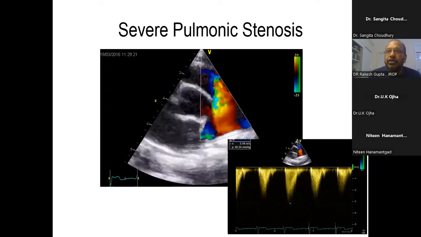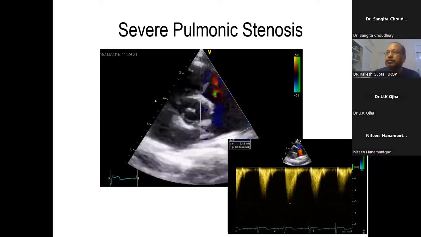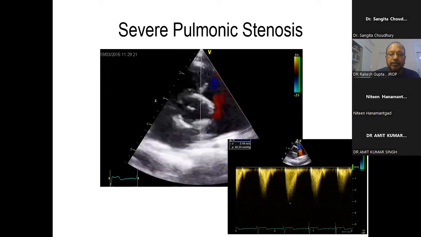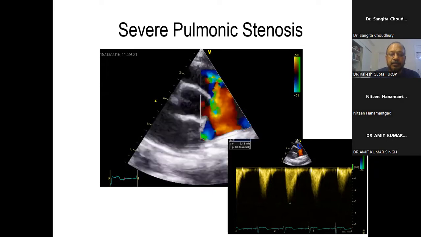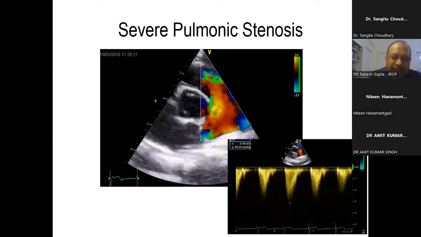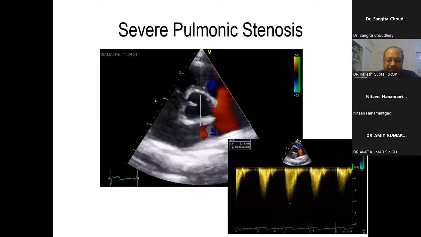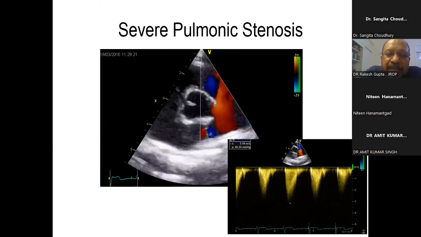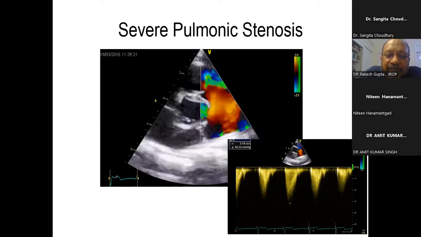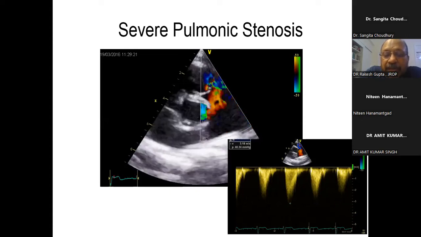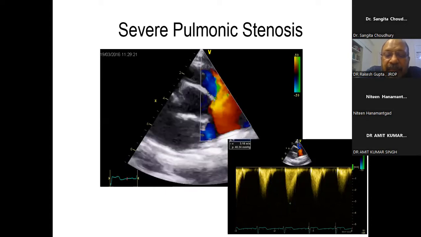Sangeeta, you want to ask some question? Sir, is there any difference when you say that the valve is closed and we say the valve is thickened? This terminology is almost the same. If we see a younger person, pulmonic stenosis is the majority of the time congenital.